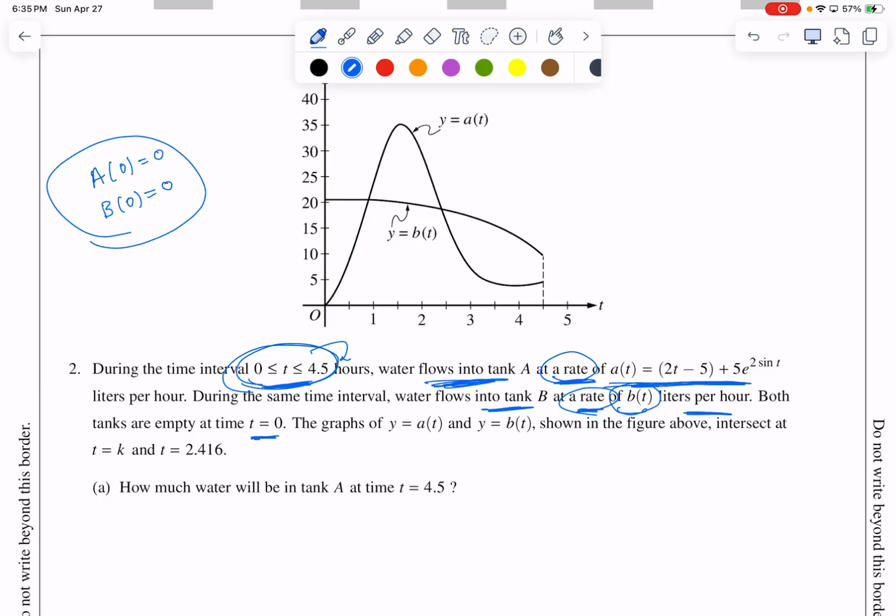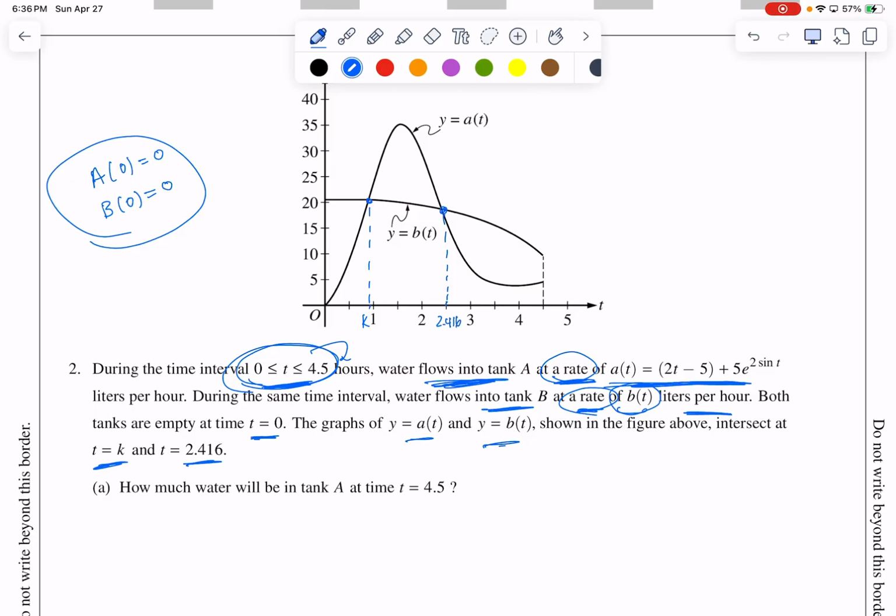Both tanks are empty at time t equals 0. The graphs of A of t and B of t are shown above, intersecting at t equals k and 2.416. So this right here is at t equals k. And I don't know what that is right now, but I know it intersects at k and 2 right here at roughly 2.416.